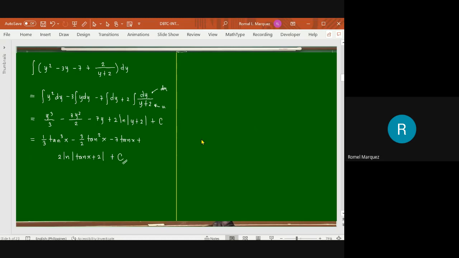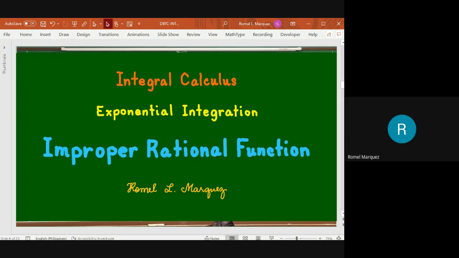Expect this coming week, you're going to have quiz, but of course, you will be having also graded exercises about logarithmic integration and exponential integration. Okay? And then you will have your first exciting quiz. So let's now move to exponential functions. Yan. Integration leading to exponential functions.